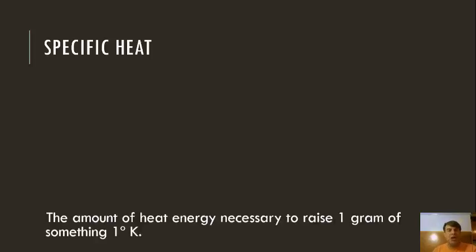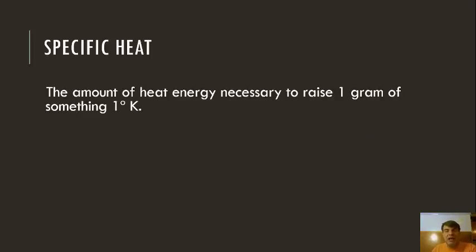Last thing in this video sequence: what is the specific heat of a substance or compound? The specific heat is the amount of heat energy necessary to raise 1 gram of whatever that substance is by 1 degree Kelvin or by 1 degree Celsius.